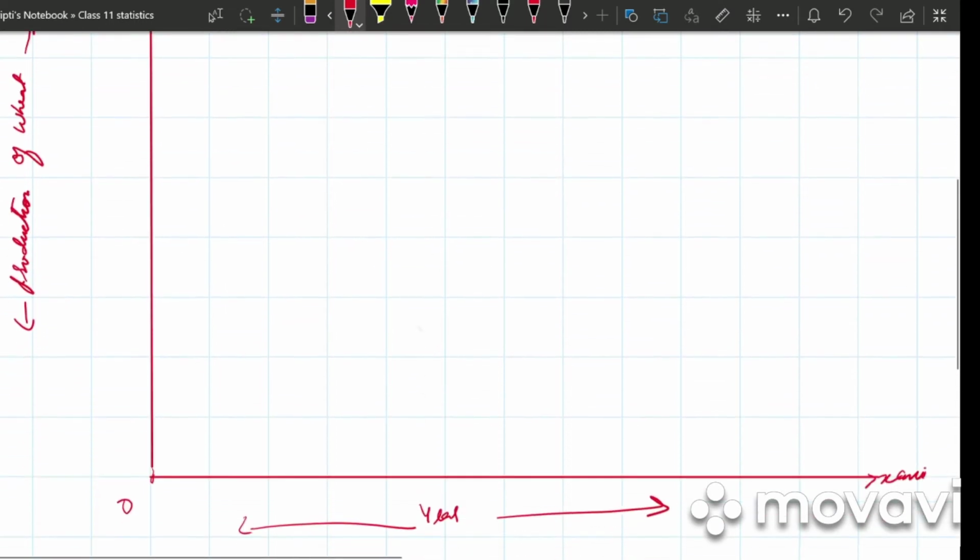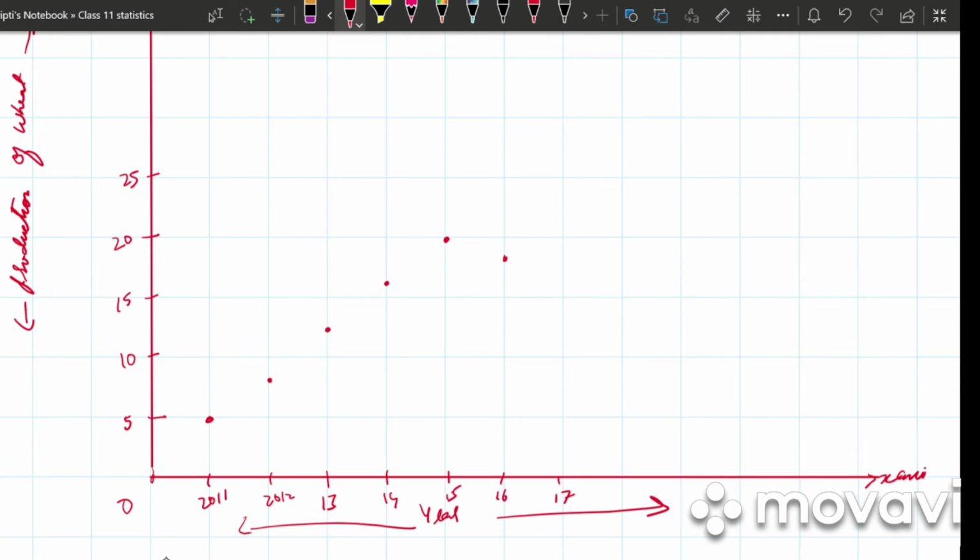So our scale can be 5 each. So 5, 10, 15, 20, 25, and 2011, 2012, 13, 14, 15, 16 and 17. So 2011, what is the production? 5. 2012 it is 8. 2013 it is 13. 14 it is 16. 15 it is 20. 16 it is 17.